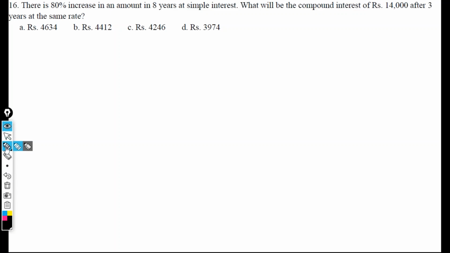Okay, guys, let's do it. So here it says there is 80% increase in an amount in 8 years at SI. So if the amount has increased by 80% in 8 years, then can I say in 1 year the increase is of 10% only, which is nothing but the required rate of interest.